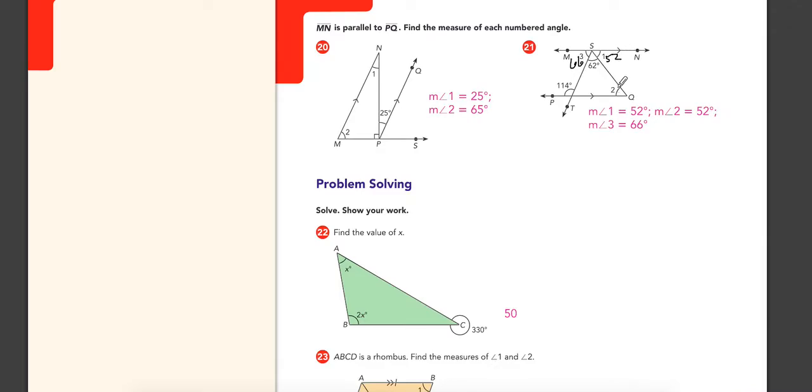Now angle 2 also has to be 52 because again, we have the parallel lines here. This line is parallel with that line, and this is our transversal. So angle 1 and angle 2 are alternate interior angles. That means angle 2 is also 52 degrees.